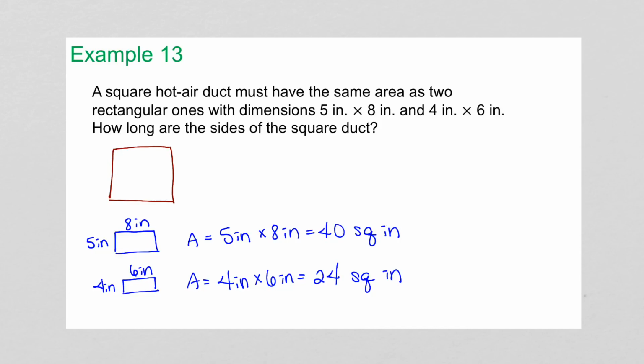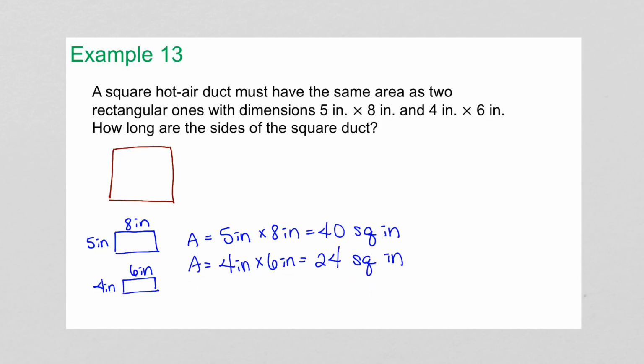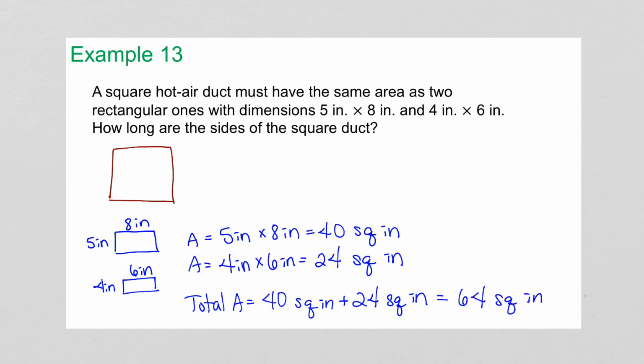Add them together. 64 square inches. So the area of our square duct has to be 64 square inches.